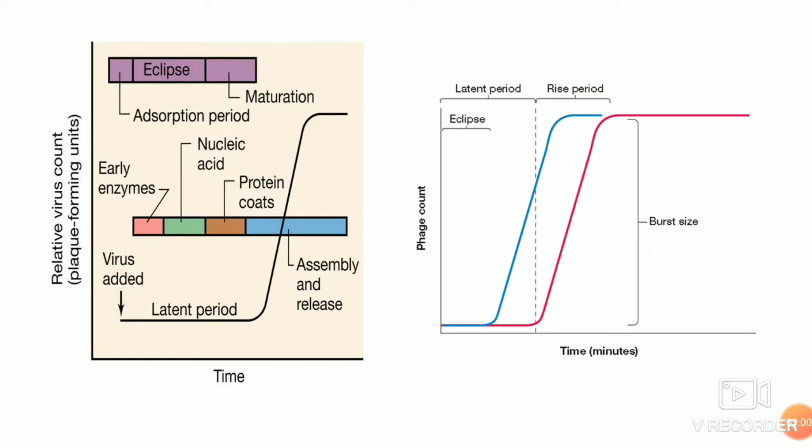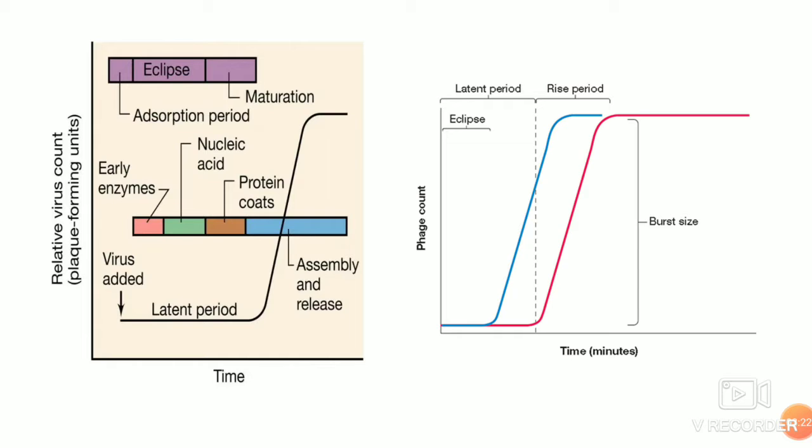The new phages are just forming. That is, in the eclipse phase, you have the infection and the viral genome is inside the bacteria, and you have the synthesis of new nucleic acid, that is the genome is being synthesized, and new proteins are being synthesized.